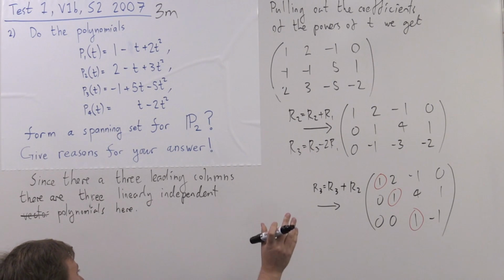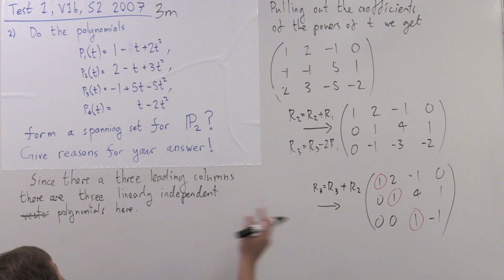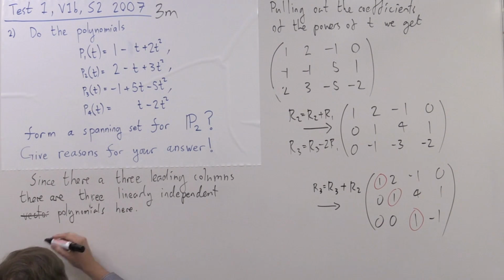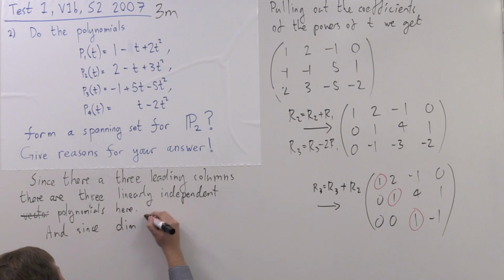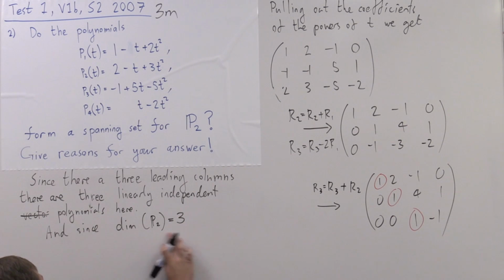And since you're taking three vectors from a three-dimensional vector space, which are linearly independent, they actually have to be a spanning set. In fact, the three corresponding polynomials would be a basis. Remind ourselves that the dimension of P2 is equal to 3. You should probably state this to make sure people understand.